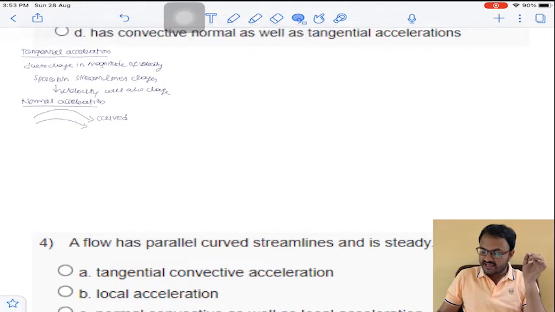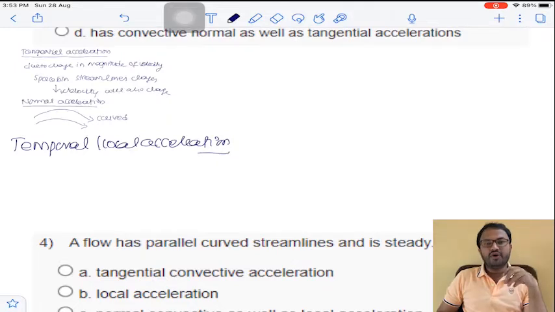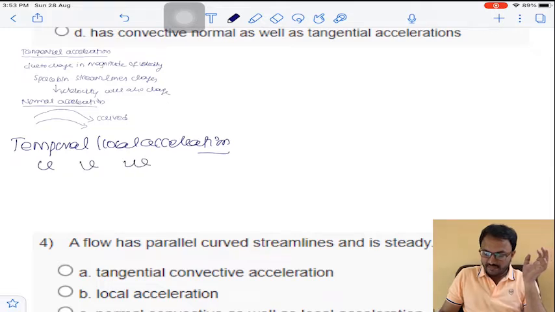Now there is another type of acceleration, that is temporal or local acceleration. Temporal acceleration means rate of change of displacement vector with respect to time. So generally u, v, w are displacement vectors along x, y, z direction.